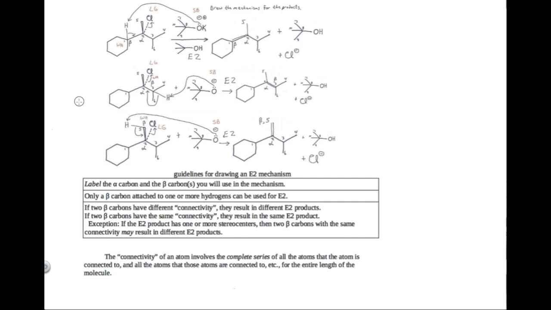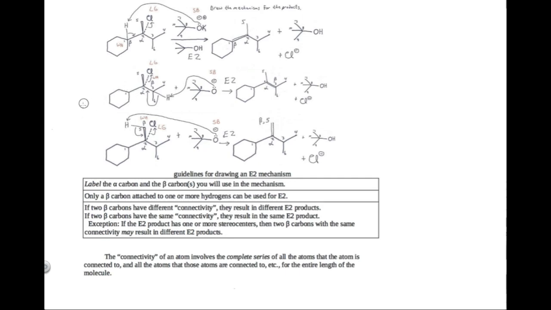Well, it should be quite easy in this case to see that each of the three beta carbons has different connectivity. Beta carbon 5 is connected to 3 hydrogens. Beta carbon 3 is connected to 1 hydrogen and 2 methyl groups. And beta carbon 1 is part of a ring and is also connected to 1 hydrogen.